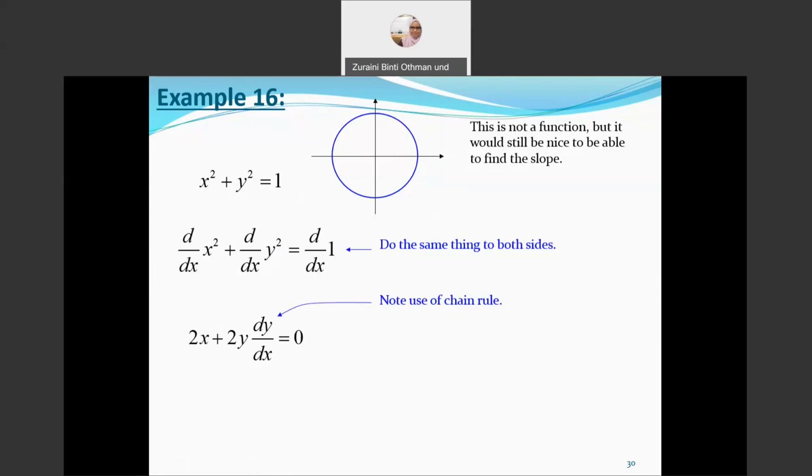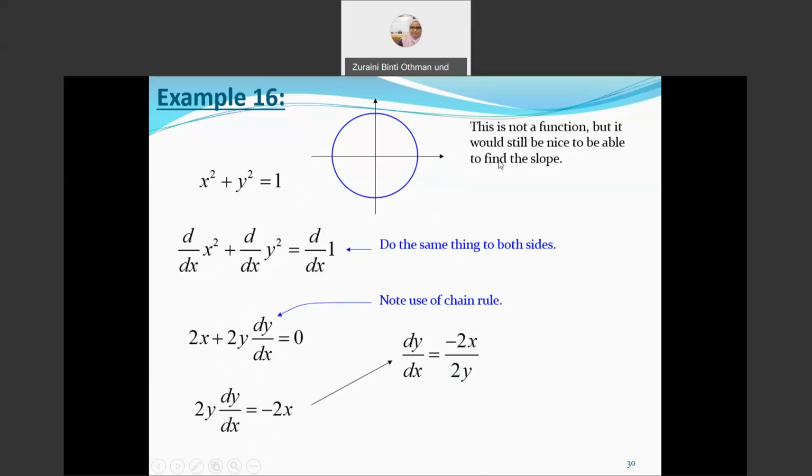Okay, so sekarang dekat sini ingat balik tadi kita cari bila ada implicit, we have to differentiate x dengan y yang dalam equation, then our final answer will be in dy over dx is equal to what? So here we get, okay, yang 2x ni kita pindahkan ke kanan, then we get dy over dx is equal to negative 2x bahagi 2y.